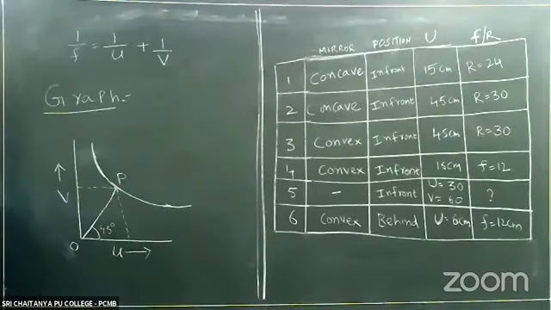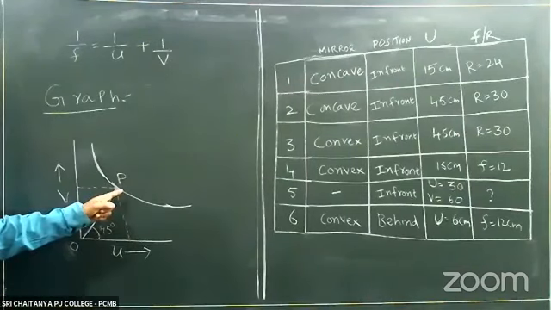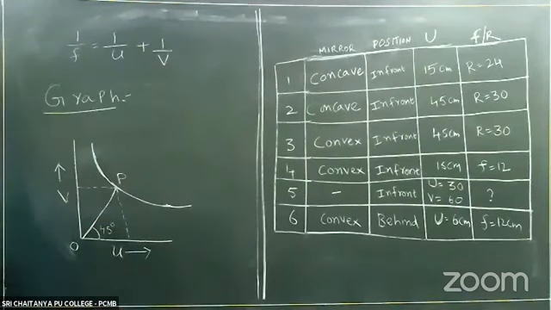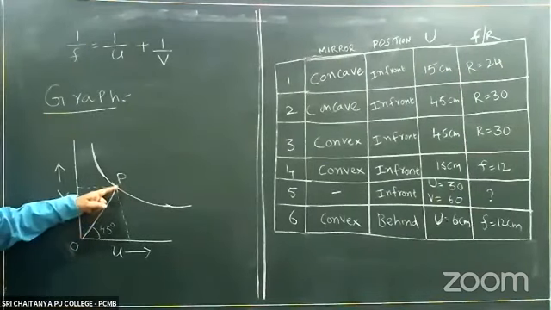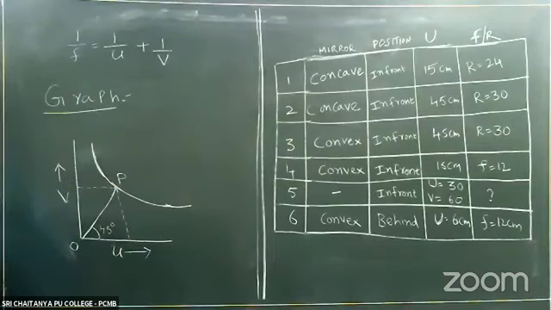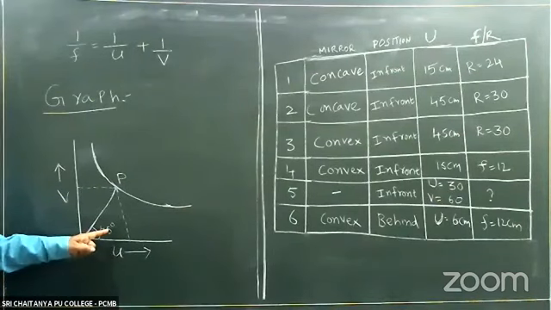From the point P, calculate the slope. I want to find out the coordinates of point P, x, y. How to identify? We have to draw a perpendicular bisector from the origin to the point P. That line makes an angle of 45 degrees with the x-axis and 45 degrees with the y-axis.